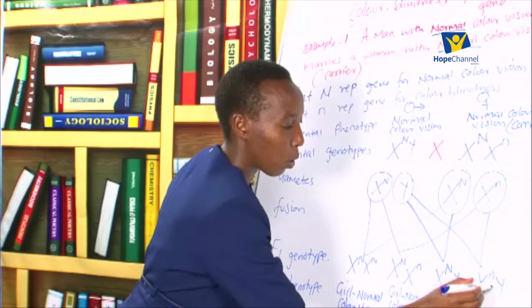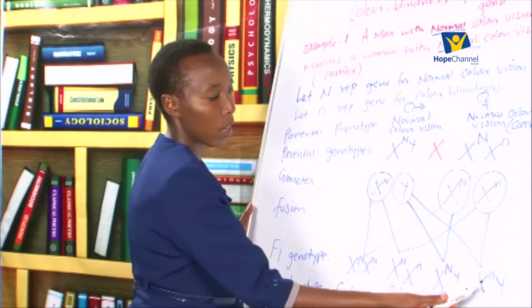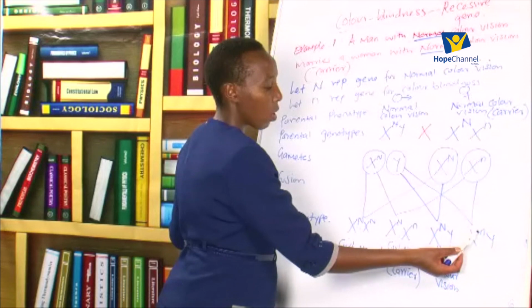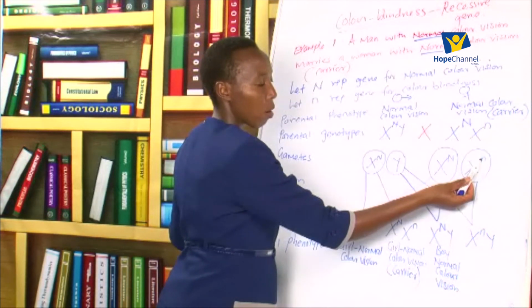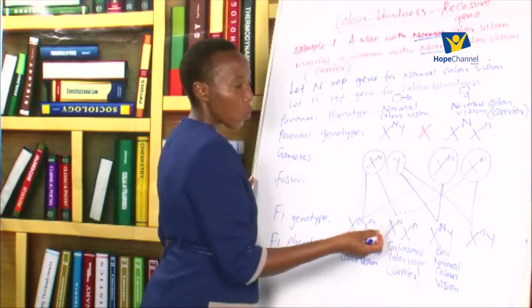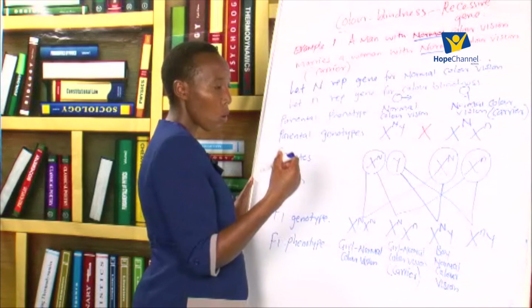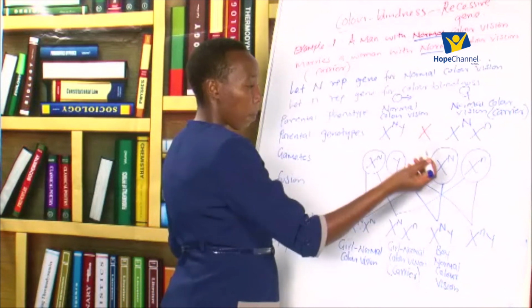So at this point, this boy is the only son who picked the X chromosome that was carrying the recessive gene. So in a way, we are saying that boys always pick the X chromosome from their mothers.